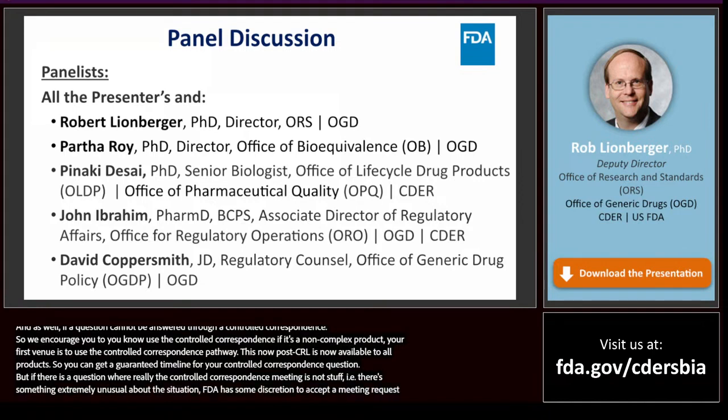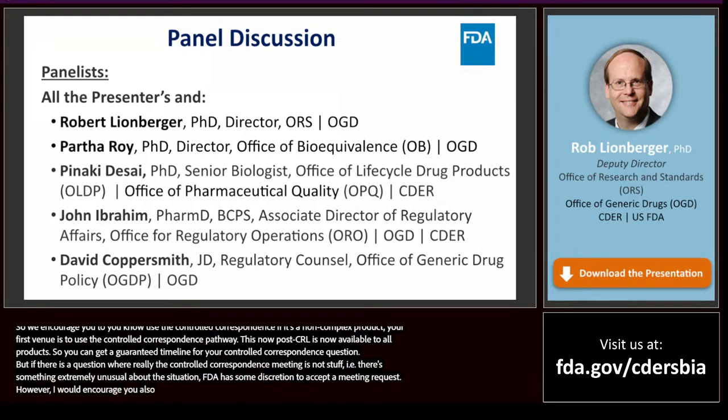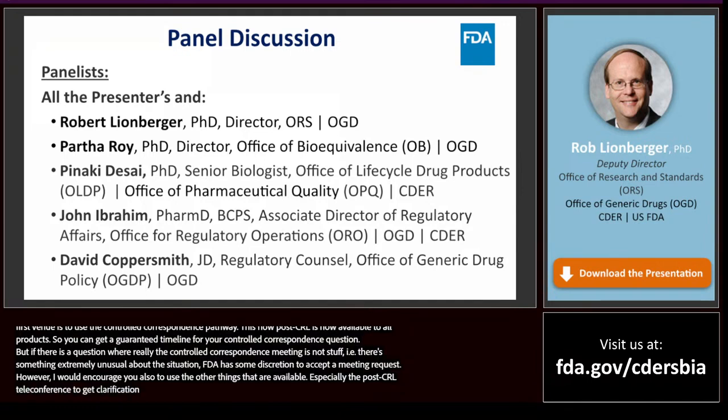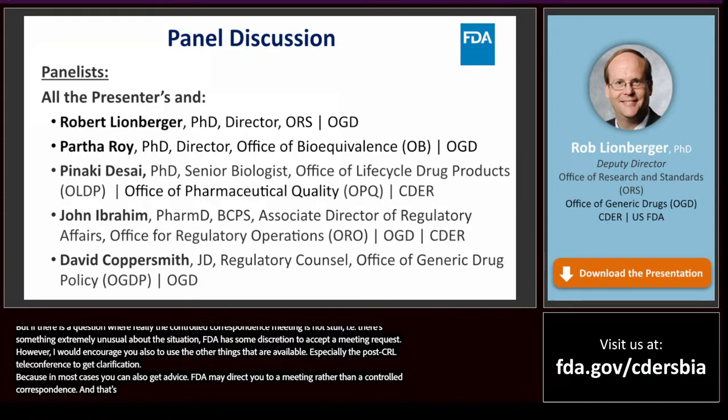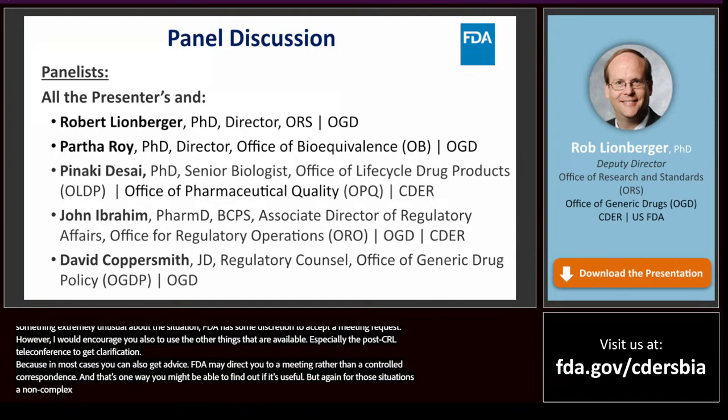However, I would encourage you also to use the other things that are available, especially the post-CRL teleconference, to get clarification. Because in those cases, you can also get advice. FDA may direct you to a meeting rather than a control correspondence, and that's one way you might be able to find out if it's useful. But again, for those situations, a non-complex product that doesn't meet the commitment letter, your first option is control correspondence.